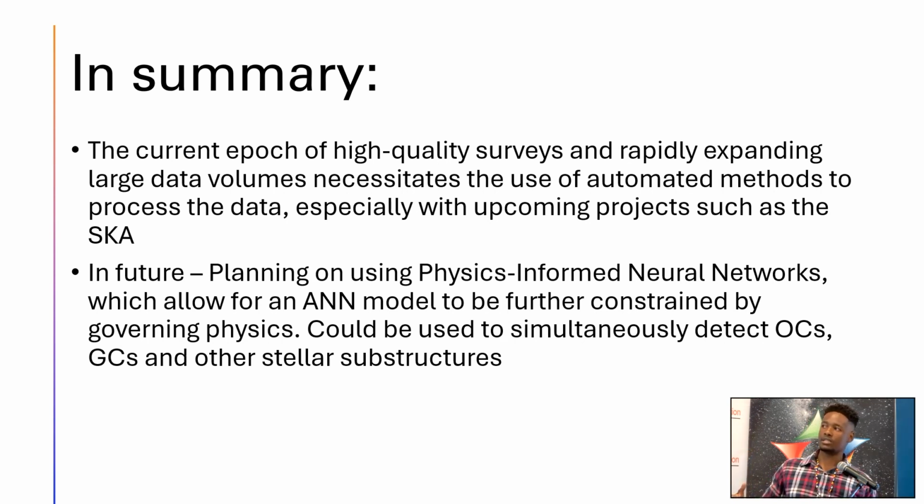So the idea is that if you write some kind of neural network that imposes constraints that are linked to those particular governing physics, then you might be able to distinguish between these particular objects.